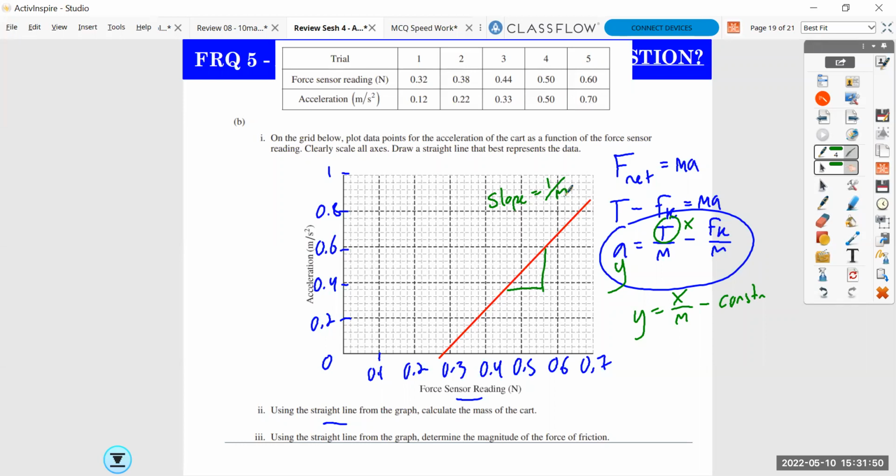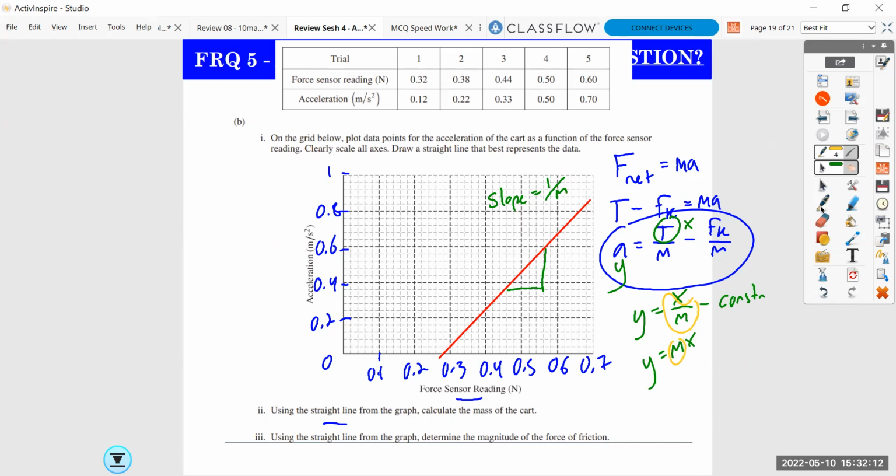Why is it 1 over the mass? Well, we're used to y equals mx. And it's unfortunate here that m is both slope and mass. What is multiplied here by my x? Well, it is 1 over m, my slope here. I'm not going to go through the whole details.